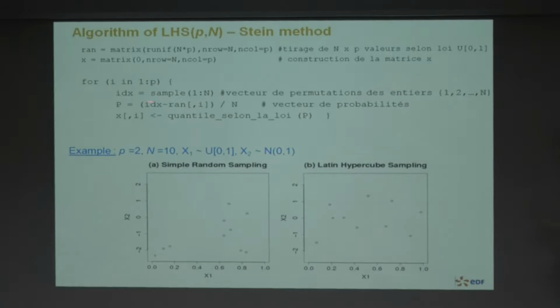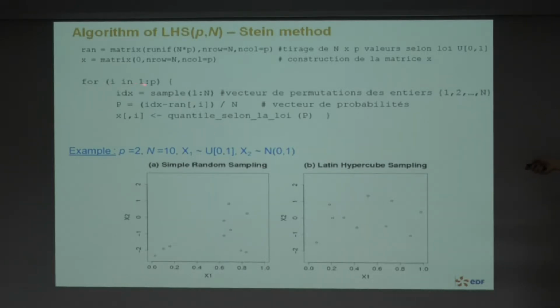So the first thing to do is to make a permutation. It's in French, so you can learn French here. Permutation of integers, vector of permutation of integers. So sample gives you the sequence of size n, but with a permutation.